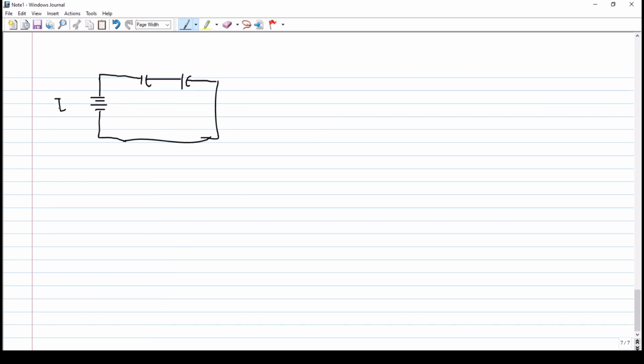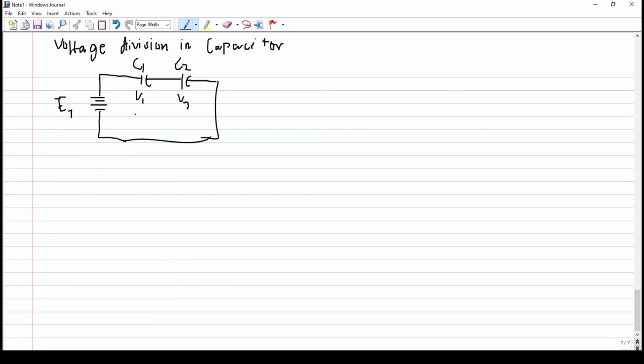So for example, this is ET, or the total, then V1, then V2, then C1, then C2. Okay, voltage division in capacitor.